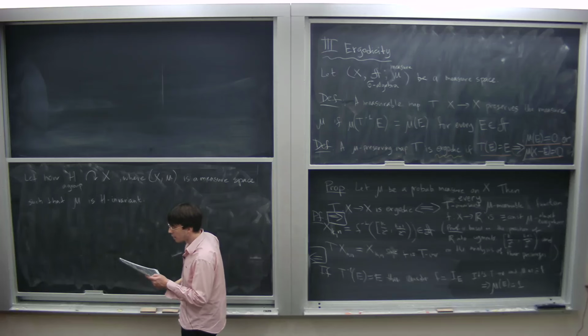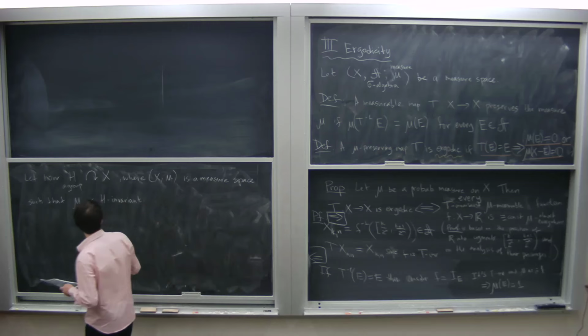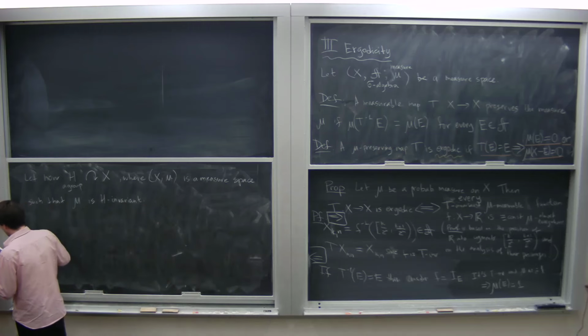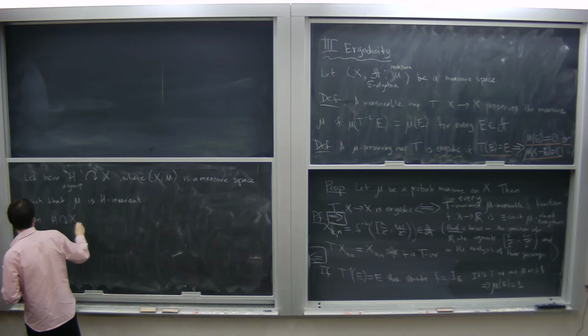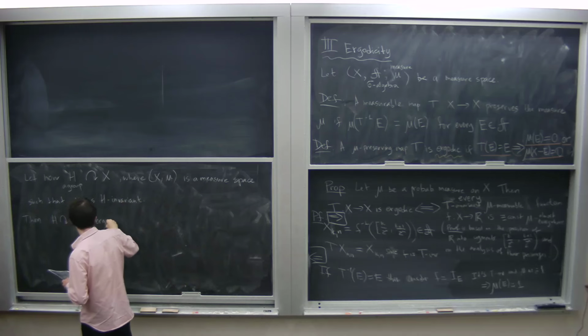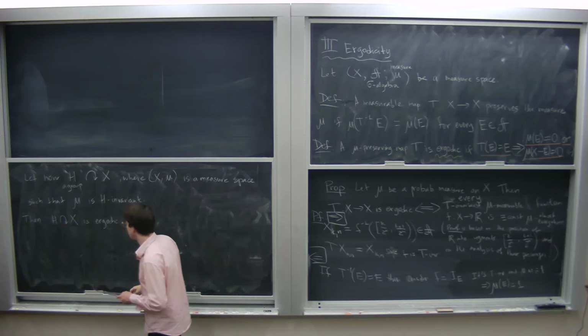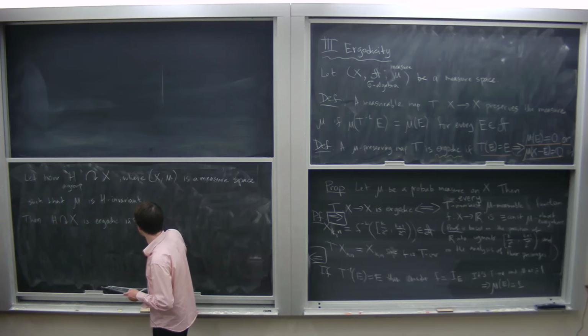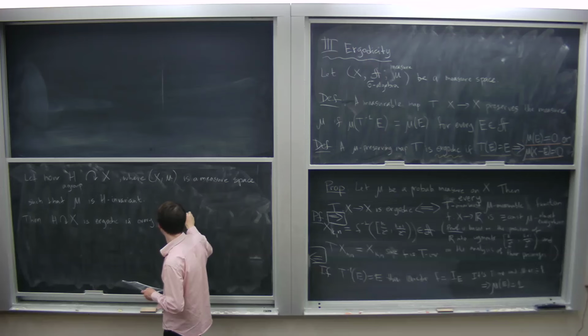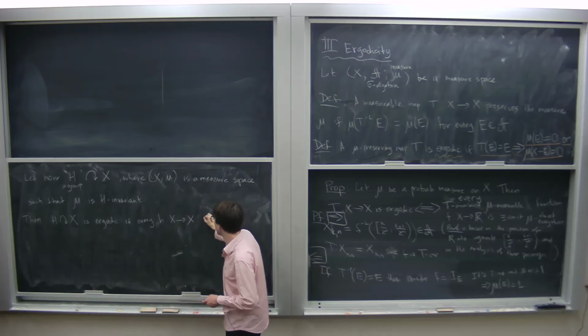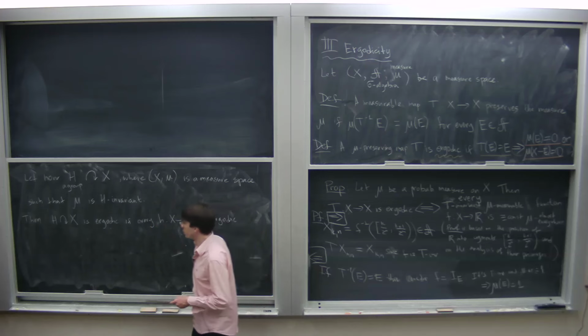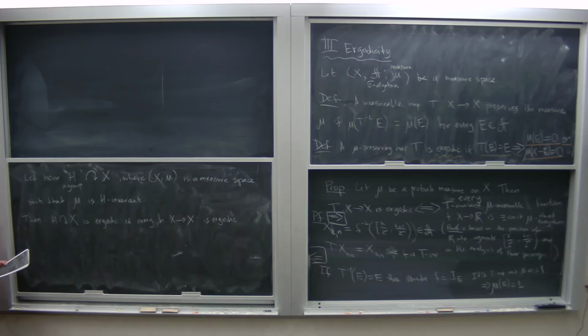Then we say that the action of H on X is ergodic if every H, which definitely acts as a map from X to X, is ergodic.